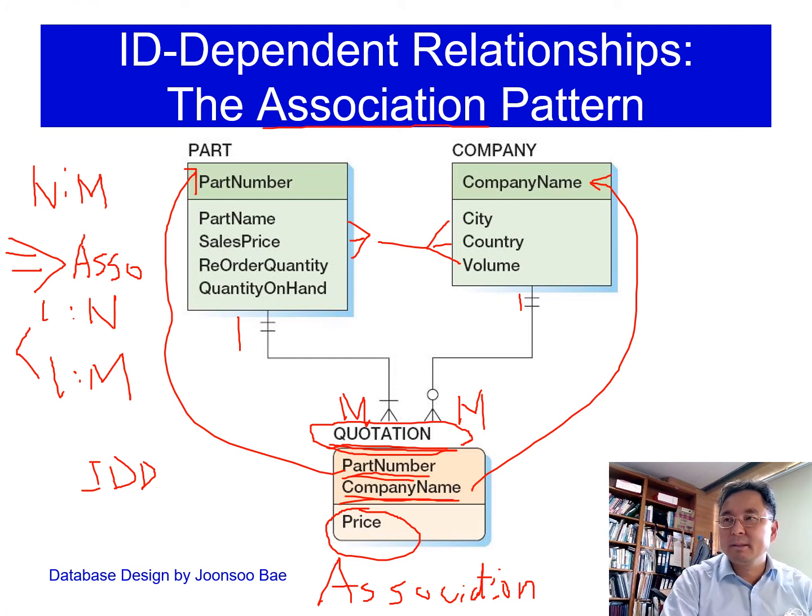We can learn another relationship in later chapters without an additional attribute, but this is an association pattern. Association entity means that they have an additional attribute here.